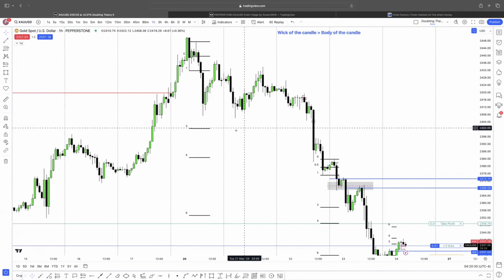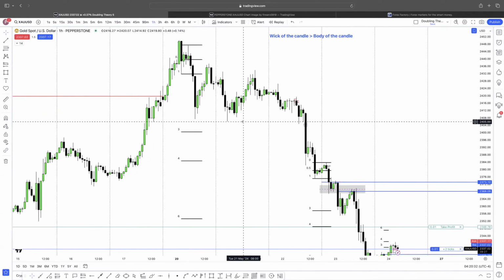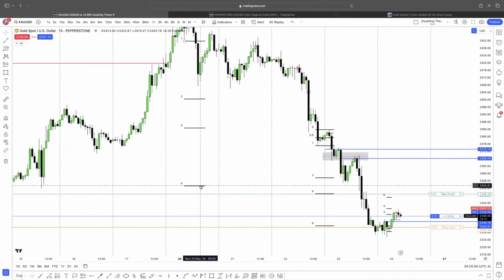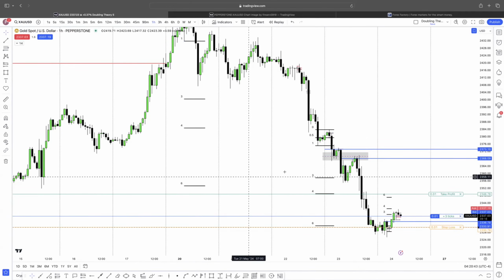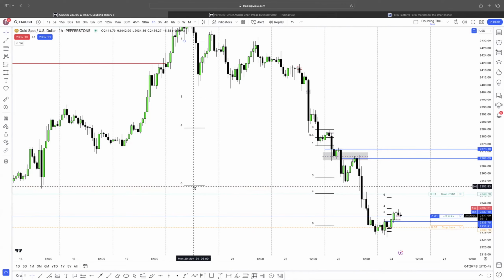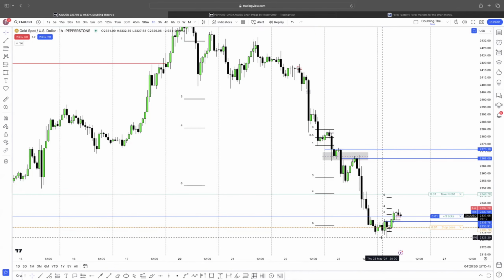If there is nothing else that you can properly use, you are sticking to this 5 standard deviations. Because what it's telling you is that if we have gone through that level, then low of the week has been set.